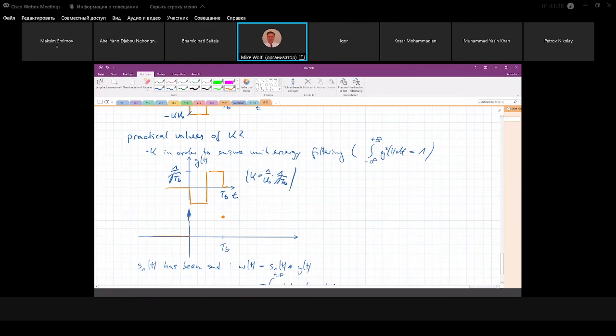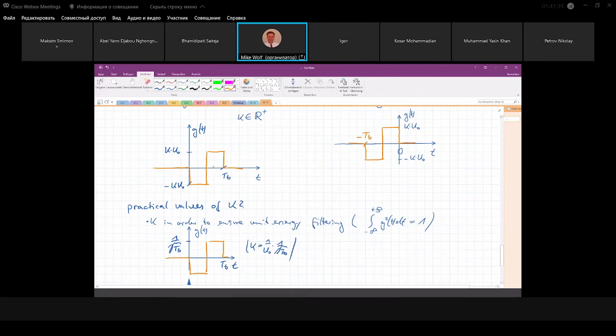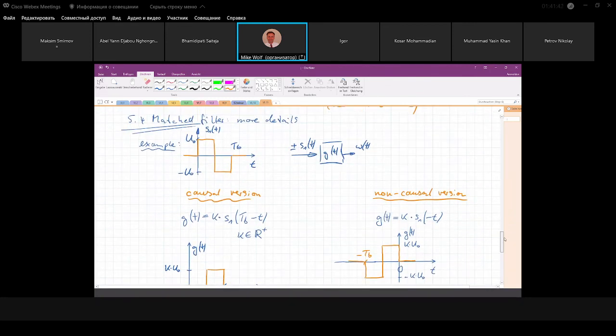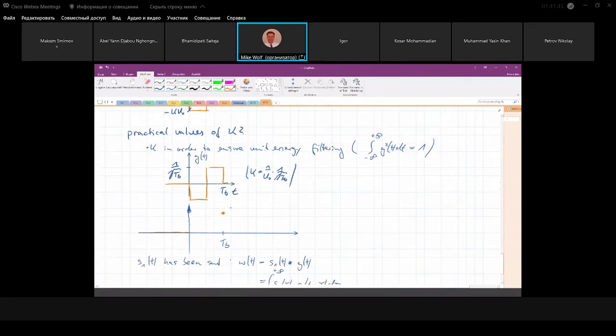And then, because of this normalization, I've flipped this, mirrored it on this axis, and then I shift it again back to the right. It looks like the original pulse. So the pulse amplitude was u naught.